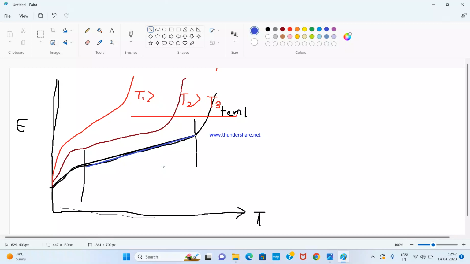Here, if I ask what is the steady state strain rate, I am denoting it as epsilon dot steady state. This steady state strain rate is nothing but the slope of this curve, which is del epsilon by del t.